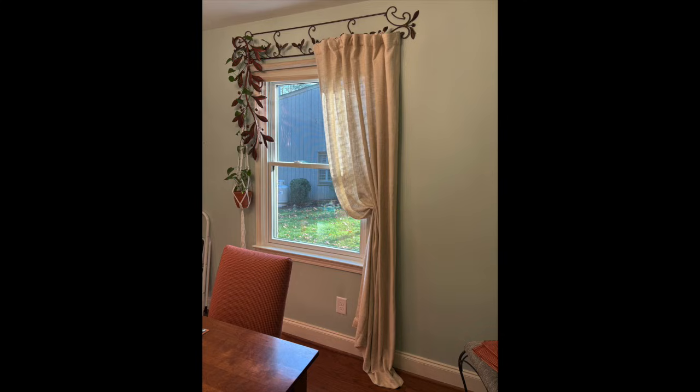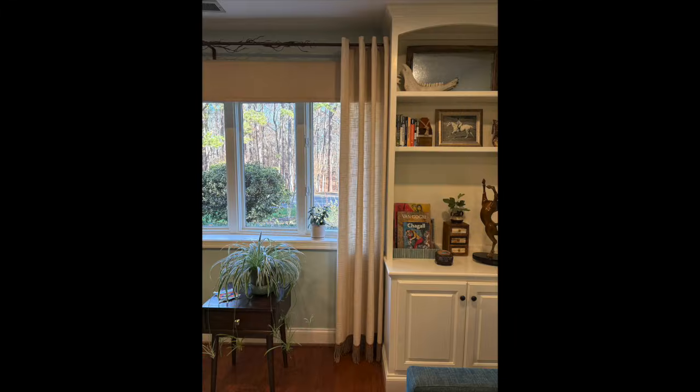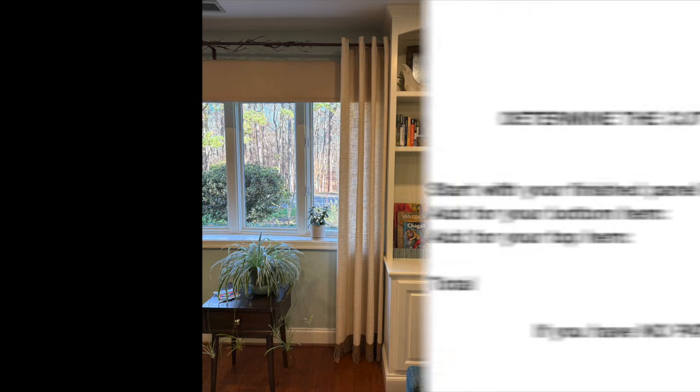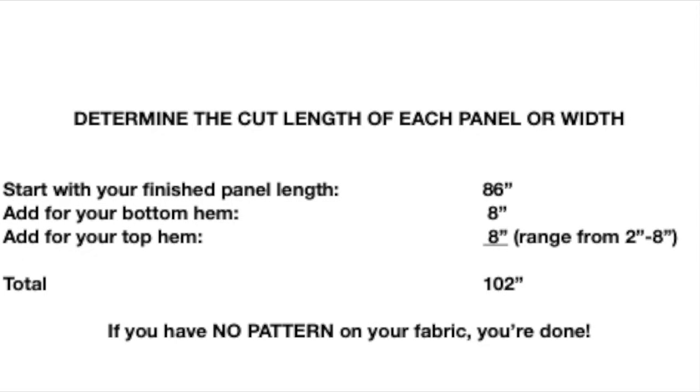If you like that look, which is actually nice in more formal spaces, you're going to have to think about that ahead of time because you will need to add on extra inches in order to get that look. So these are the things you think about. There's no right or wrong, but make sure you consider all those things and then determine what you want your finished drapery length to be. Write that number down.